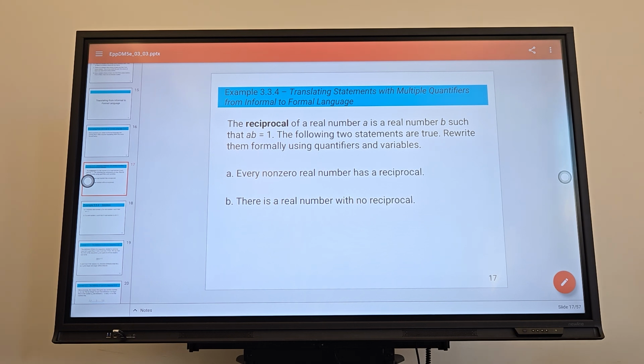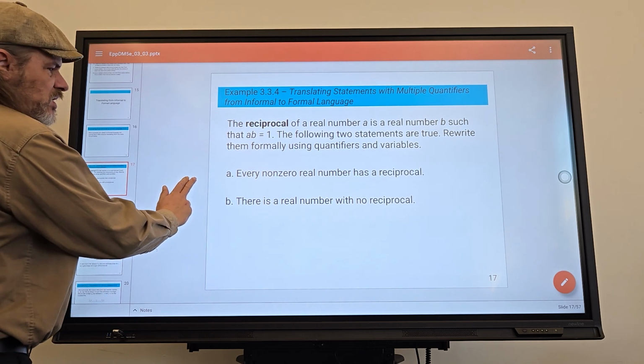There exists a real number C such that for all real numbers D, C times D is not equal to 1.